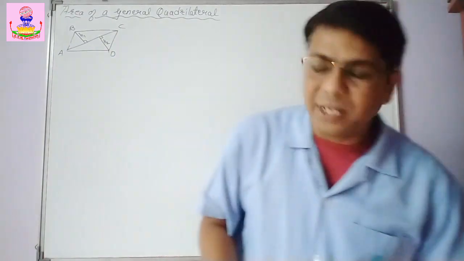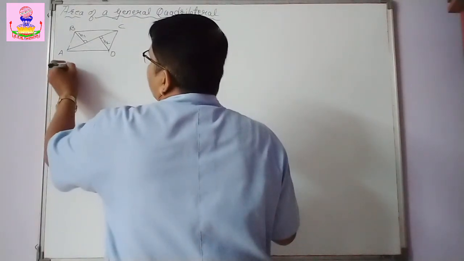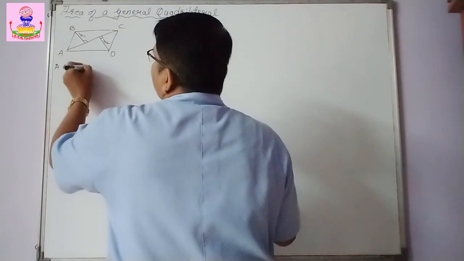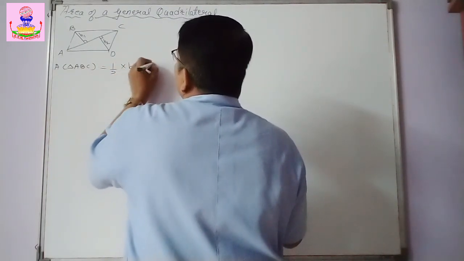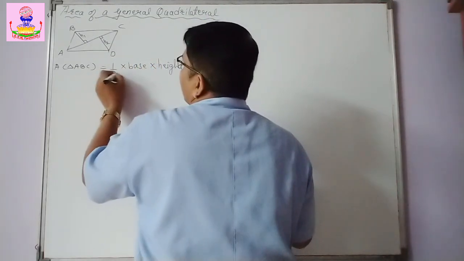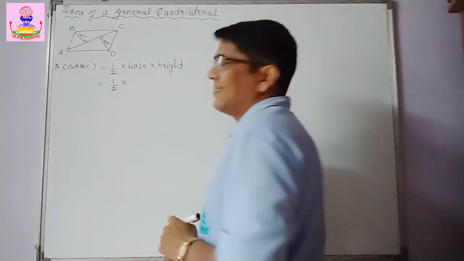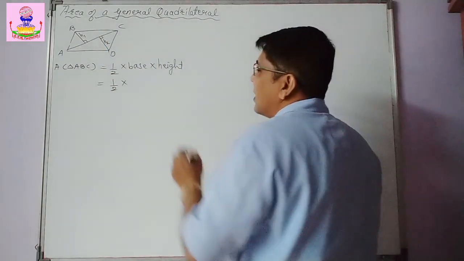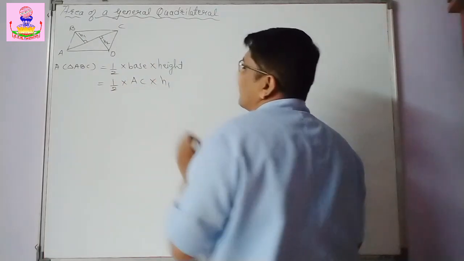So let us find out. Now see, area of triangle ABC is half into base into height. This is the general formula for triangles, right? Now, what is the base here? AC, length AC. So AC into height H1.